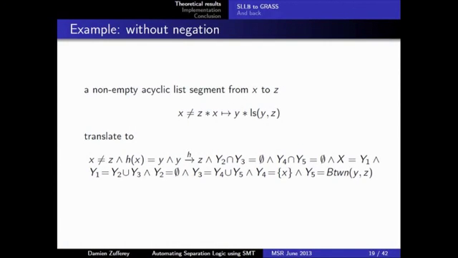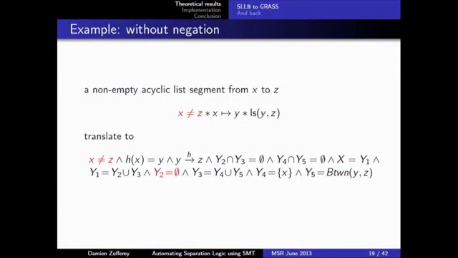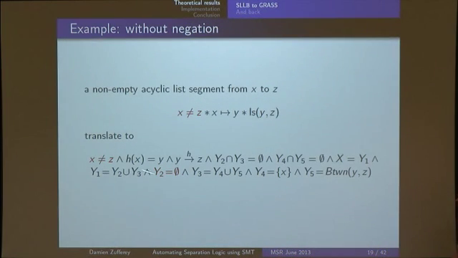So an example of the translation. We have this acyclic list, which is non-empty, from x to y and y to z, and then we have this additional constraint that z is not equal to x. And how does that translate? Well, the first part is this. Here we have the two parts: the structures, the definition of the set.